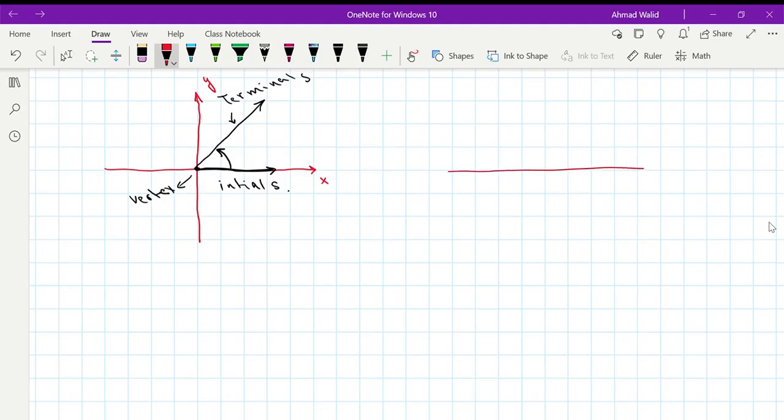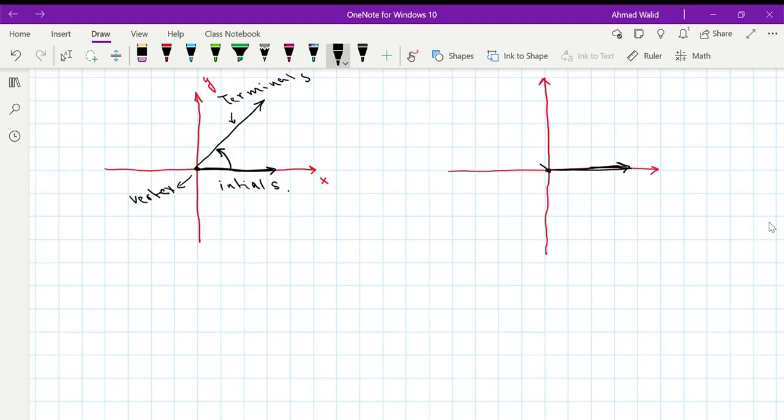This is your x-axis. This is your y-axis. Again, I'll draw an angle whose vertex is at the origin, the initial side on the positive side of the x-axis, like here, correct?